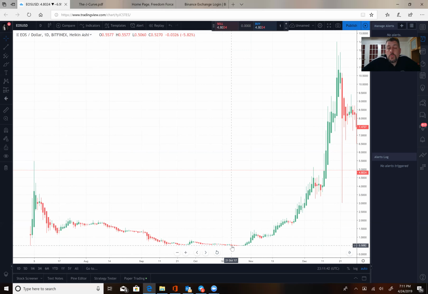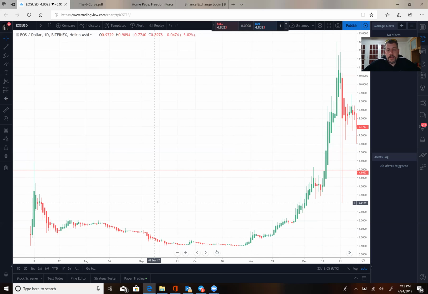That comes way down before you look for that opportunity to buy in at the absolute bottom, and then it will take off. How long that takes, who knows? Fortunately for us, the rest of the market obviously did take off at that time. But you can find dozens and dozens of these coins that follow this typical J-curve strategy.